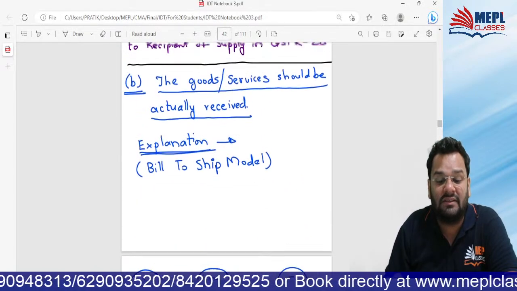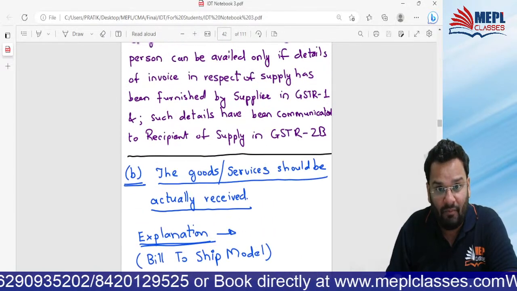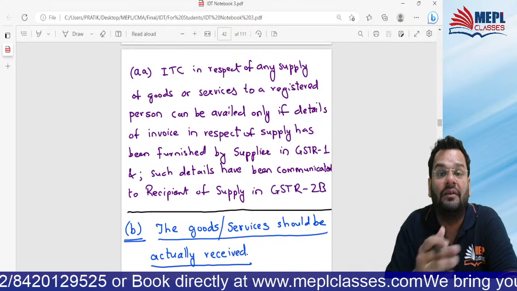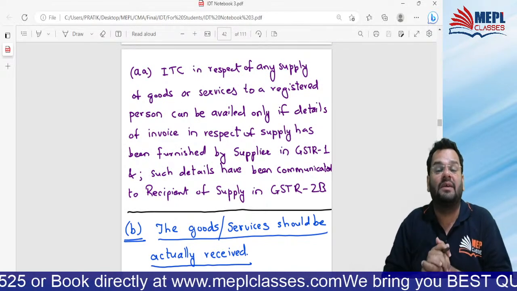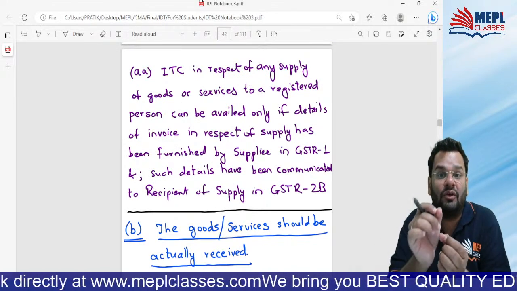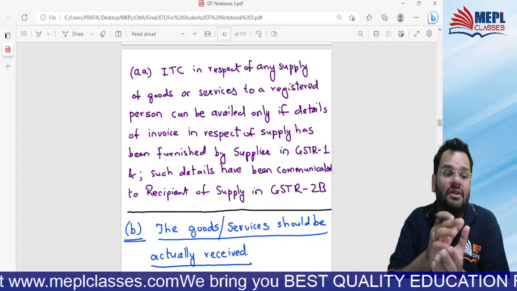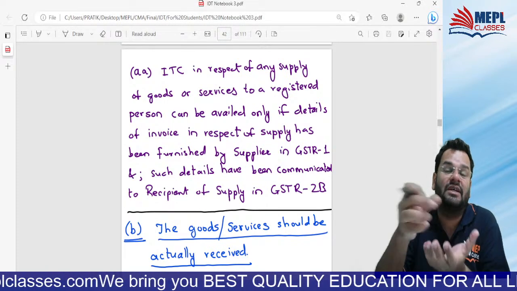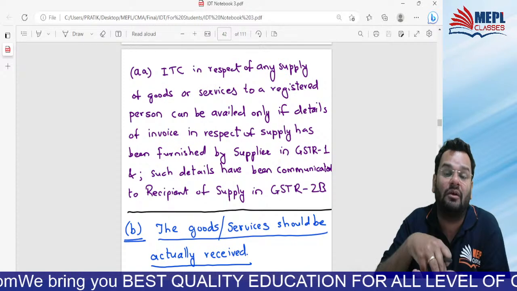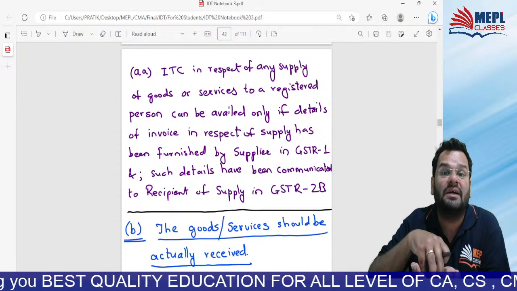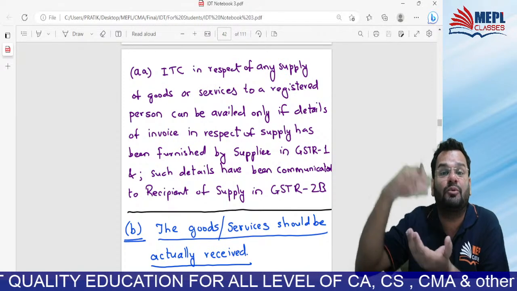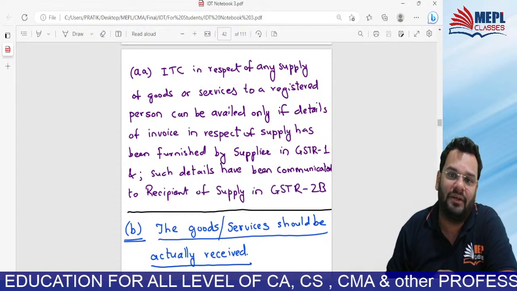We had discussed one proviso. If goods are received in lots or in installments, then ITC can be claimed only on receipt of the last lot or installment.